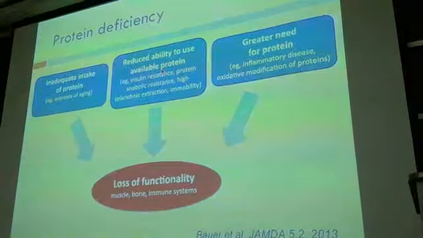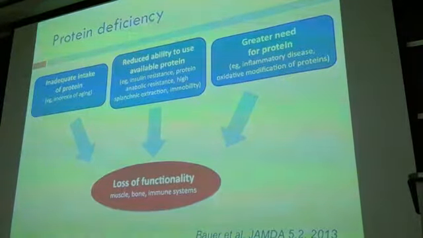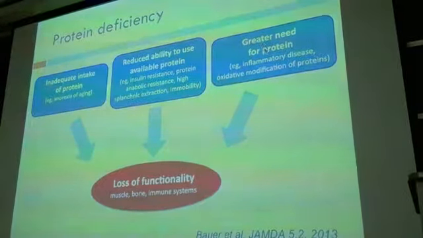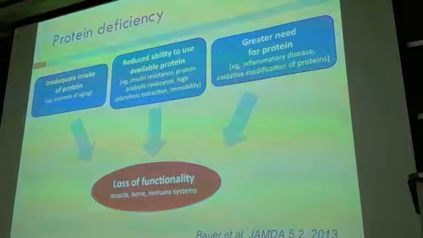There are conditions that reduce the ability to use the available protein. That's where insulin resistance comes into play. Immobility is a factor. So the same amount of protein has less of a functional effect on muscle tissue. And then there are conditions that require greater protein intake.